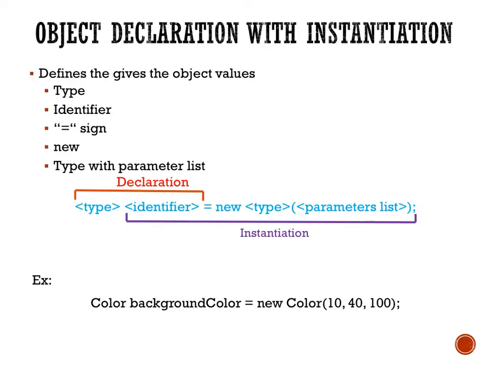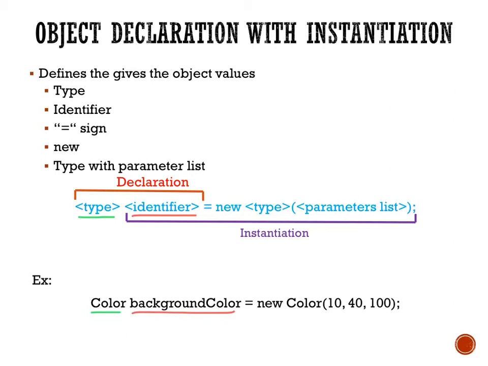Now, just like with a variable, we can do our object declaration and instantiation in the same statement. So you can do a declaration and then you can do an instantiation separately, or you can do them all together as one. So what you'll notice here is that my declaration contains a type and an identifier.